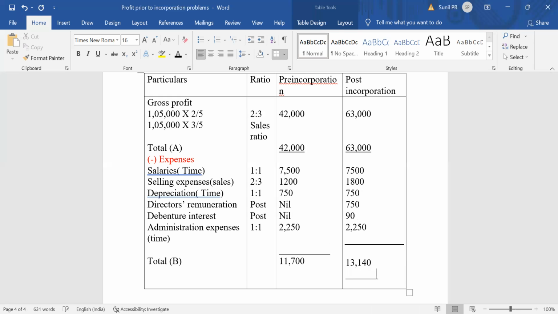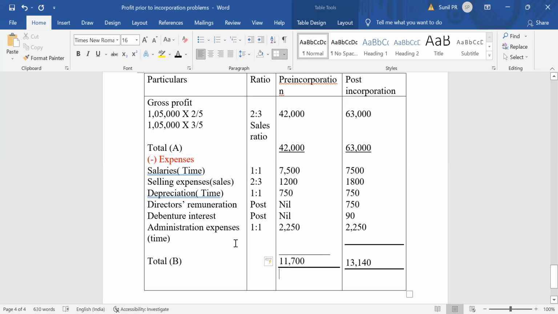You can see the total of A was 42,000. That was income. Income of the pre-incorporation period was 42,000. Expenses of the pre-incorporation period were 11,700. So when you subtract total of B from total of A, you will get profit or loss.